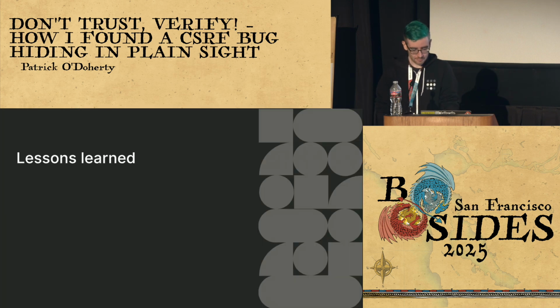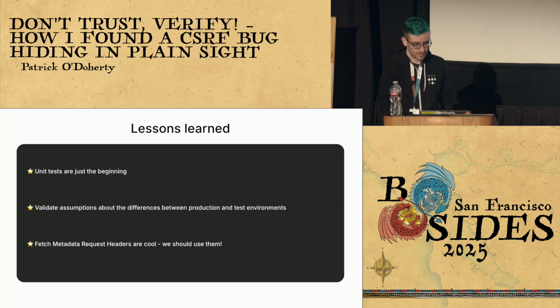So what can we take away from all of this? The first is that unit tests are just the beginning. We should really kick the tires of our code. It can be helpful to create small experiments that demonstrate the integrity of the security controls we rely on, so that when we poke them, we don't find out that they're paper thin.